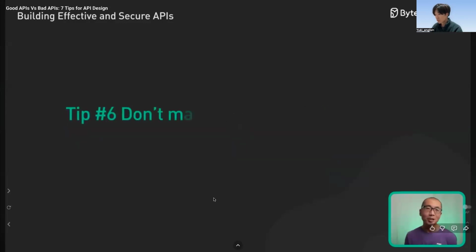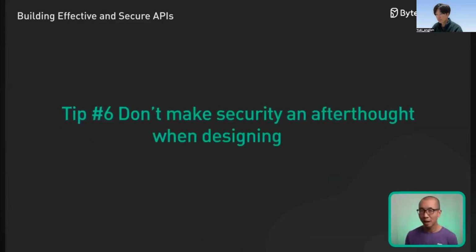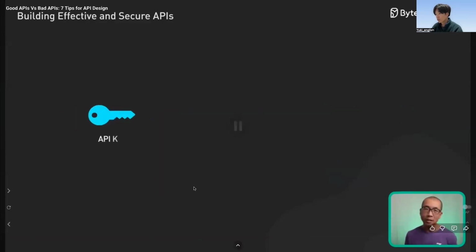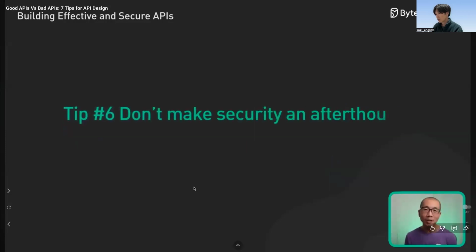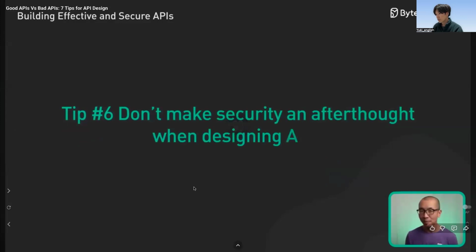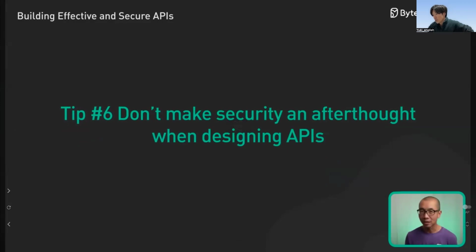Tip number 6. Don't make security an afterthought when designing APIs.